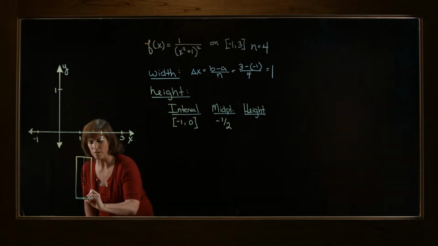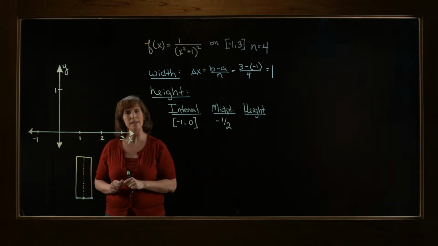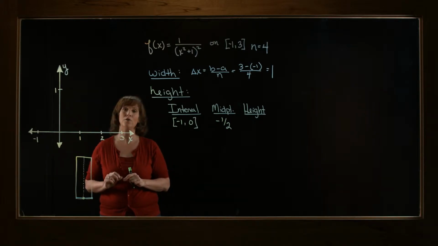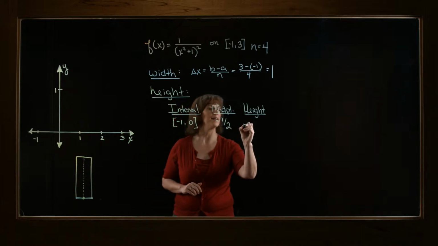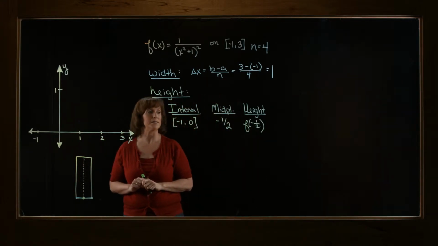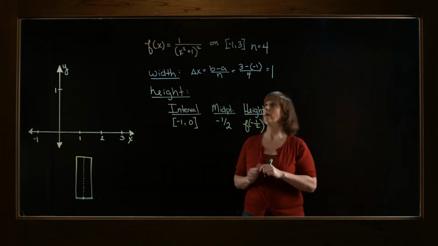Well, that only tells me the location of the midpoint. It doesn't tell me the height of the rectangle. In order to calculate the height of the rectangle, you want to plug that value into your function. So you want to know what f of -1/2 is. All right, well, we can do that by plugging into my function.